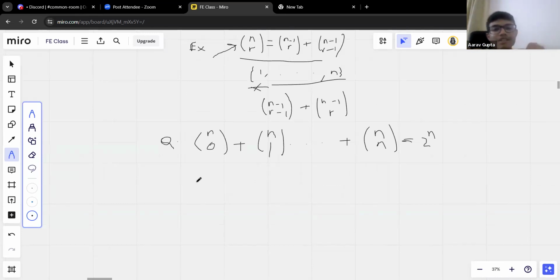So by bijection, what I mean is that to show two quantities are equal, you take a set with the size of the first element, another set with the size of the second element, and then you establish a bijective function between the two, which is both injective and surjective.